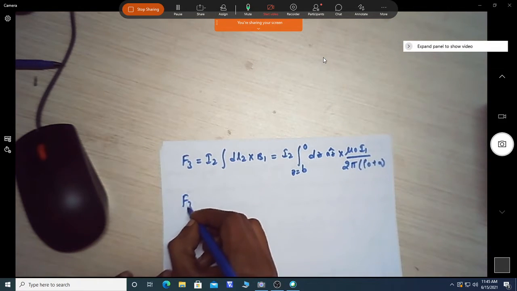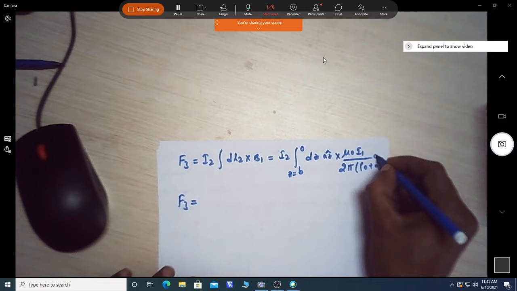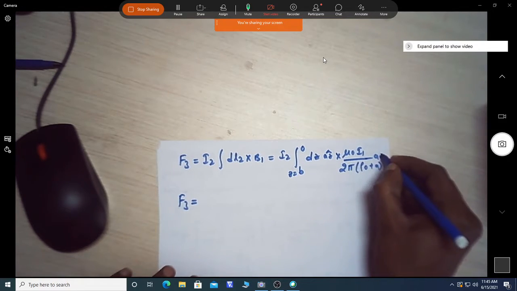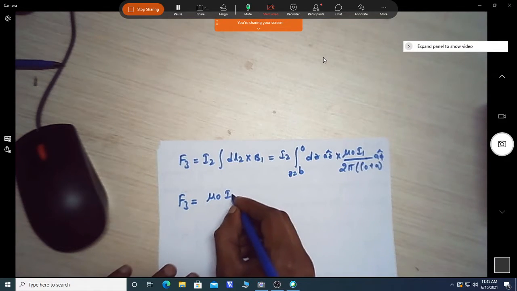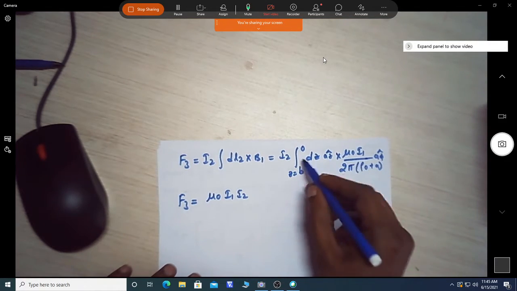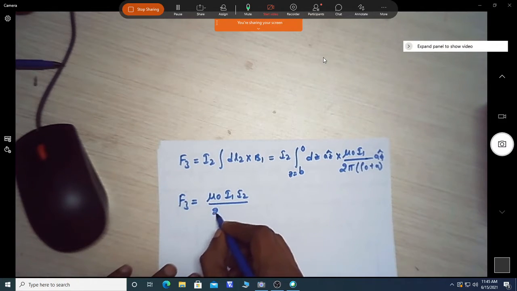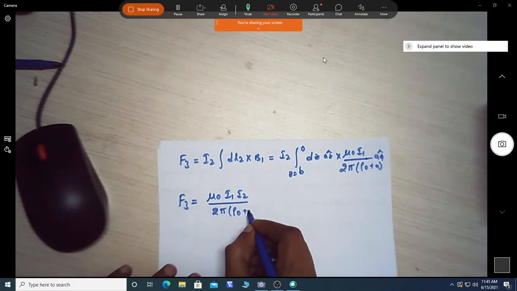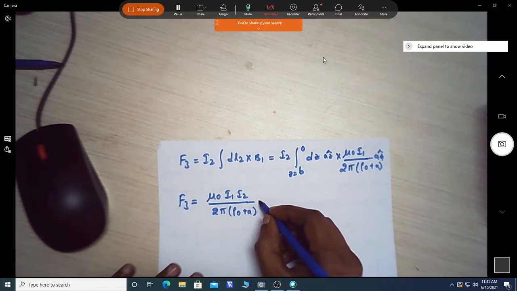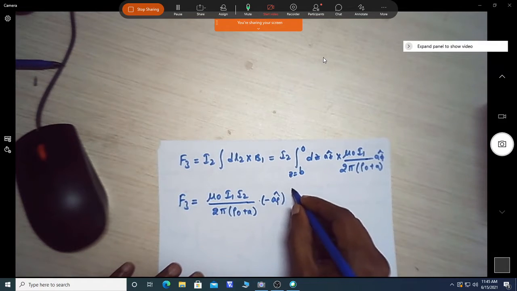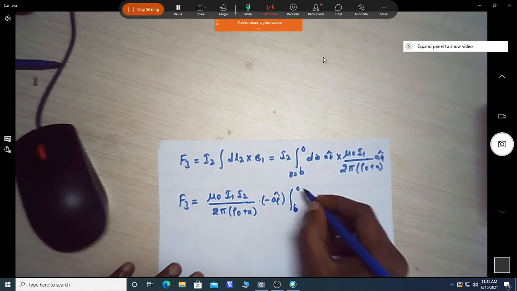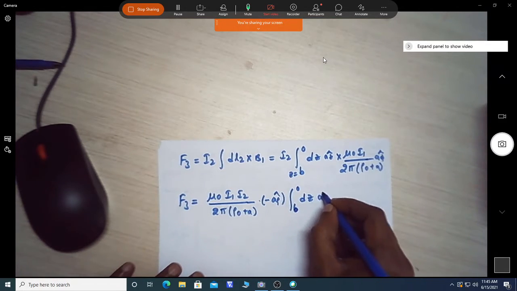So F3 is again in the direction of A phi. Okay. So now we can write this one. So mu naught I1 I2 divided by 2 pi rho naught plus A, into the minus az cross A phi, minus rho direction, integration of B to 0 dz az. Okay.